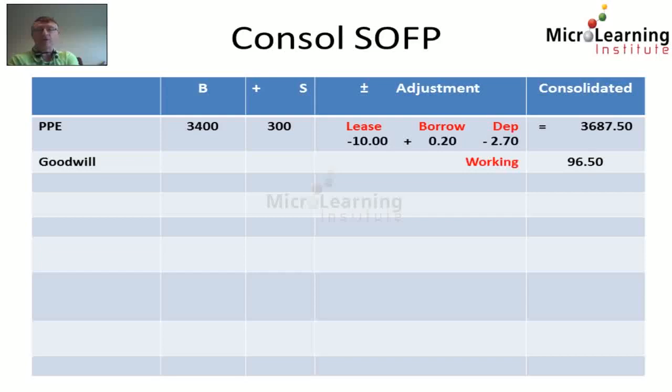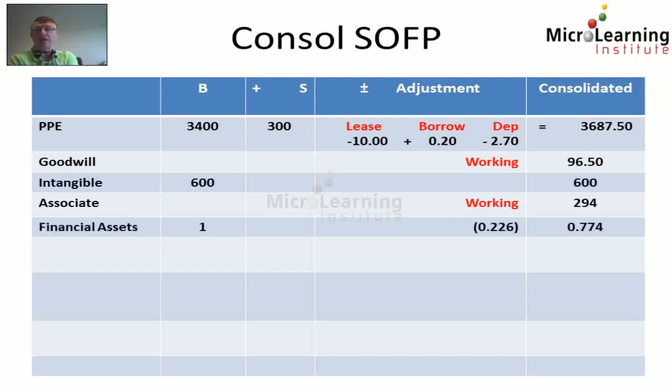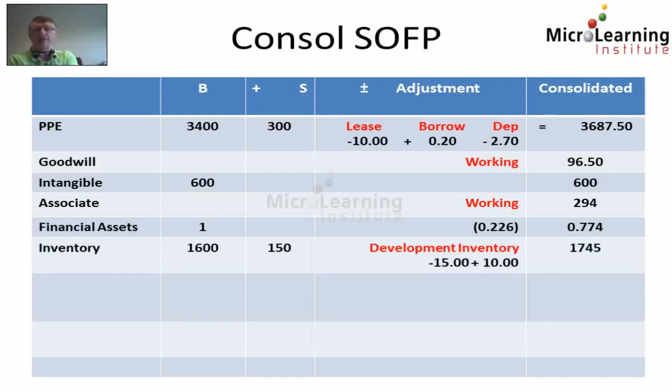Goodwill directly from our working is 96.5. The intangible stays at 600. The associate directly from our working is 294. The financial asset, if you remember, was impaired by 0.226 to 0.774. The inventory in the individual company accounts of 1,600 and 150 needs to be adjusted for the note in the question regarding development inventory.